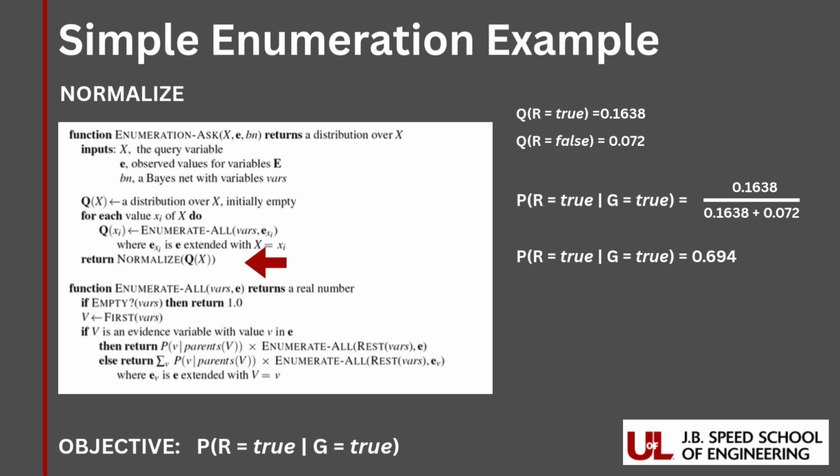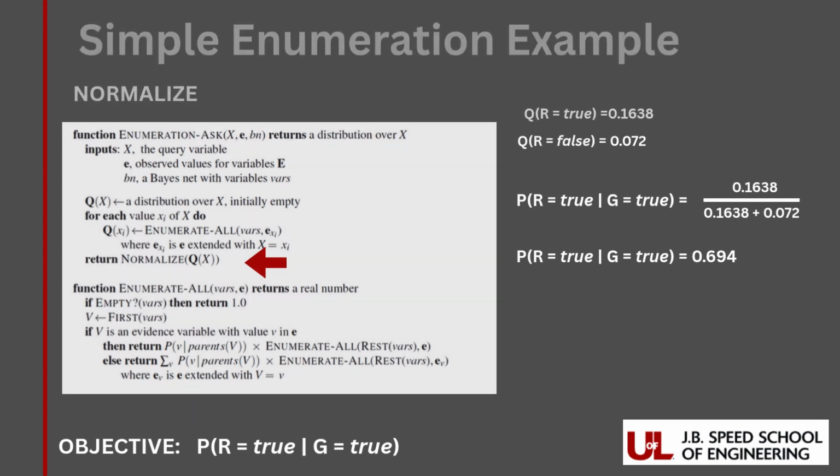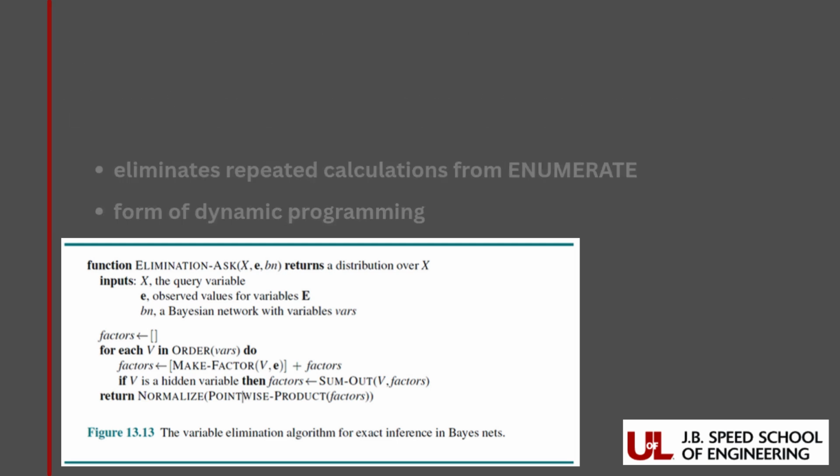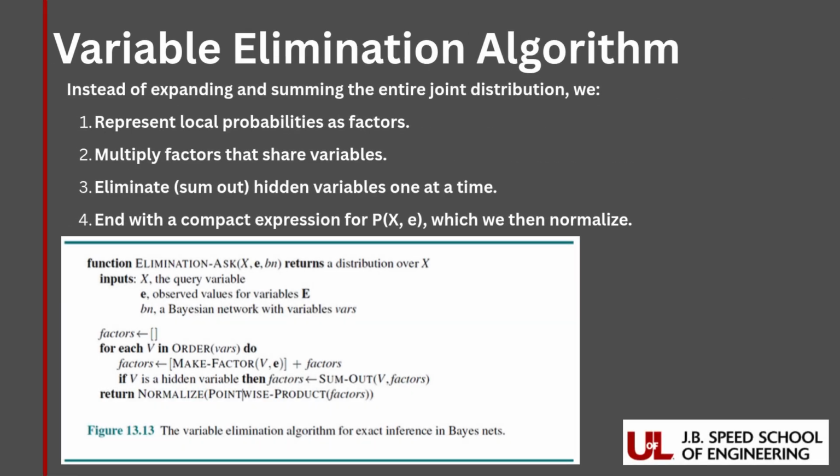Okay. And so the enumeration is pretty lengthy and arguably inefficient. And so the book presents the variable elimination algorithm, which is a simpler way to do the same exact thing as we did in enumeration. And so we have the pseudocode, and this is a form of dynamic programming. All right.